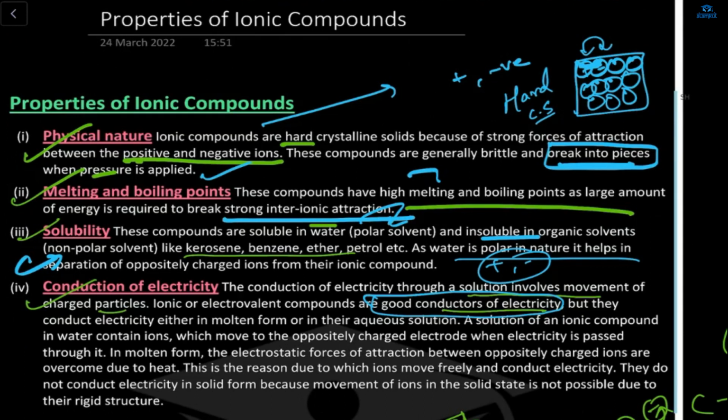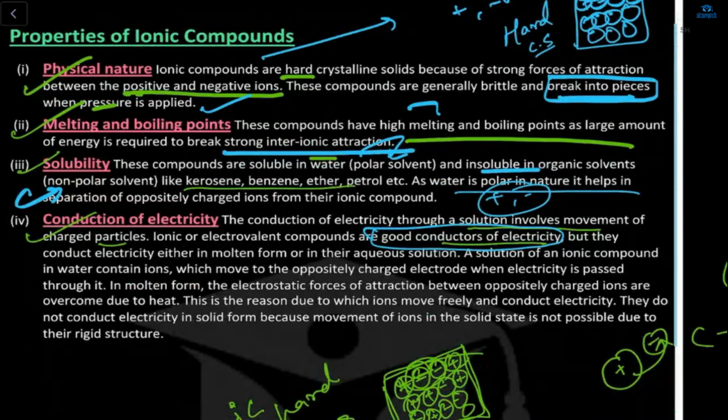Melting and boiling point is very high as a large amount of energy is required to break these plus and minus ions. Third is solubility. They are soluble in water, which is a polar solvent, and insoluble in non-polar solvents, for example kerosene, benzene, ether, or petrol. Conduction of electricity: they are very good conductors of electricity.